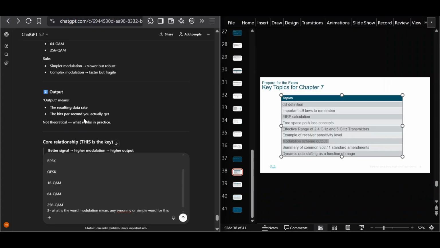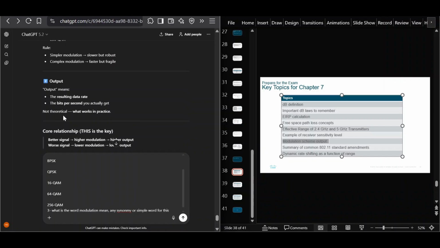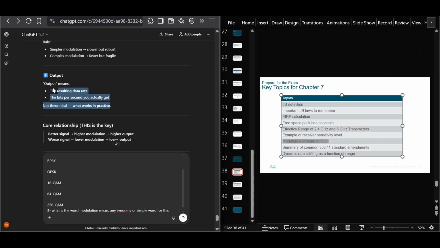Throughput means the resulting data rate, the bits per second you actually get. I'm starting to not understand what this means.